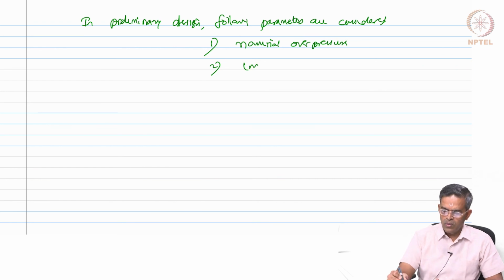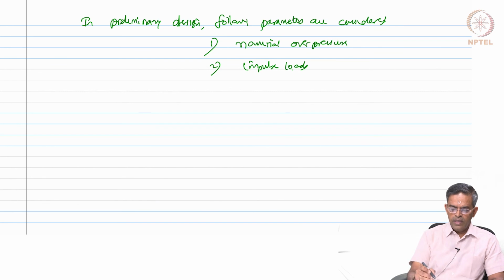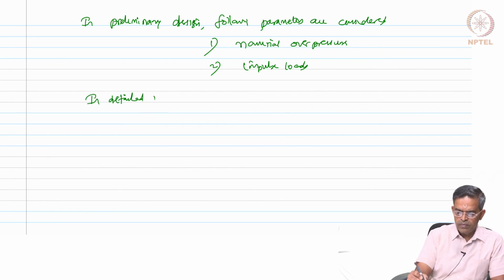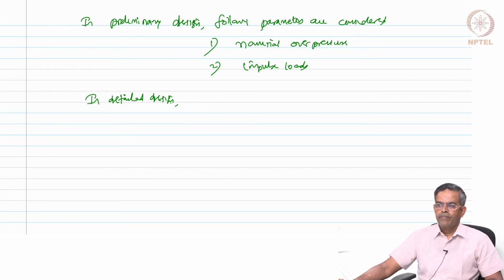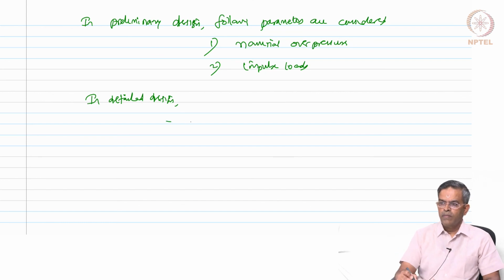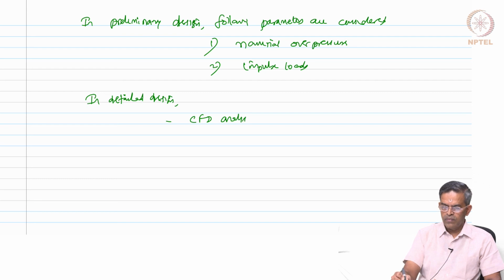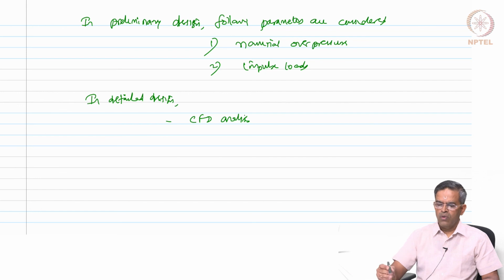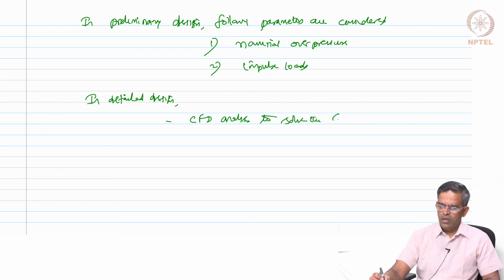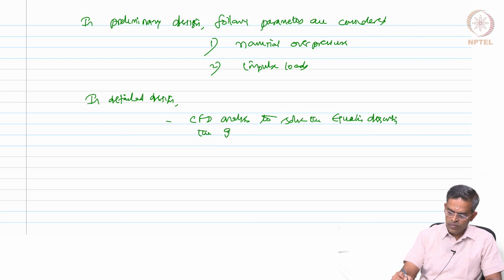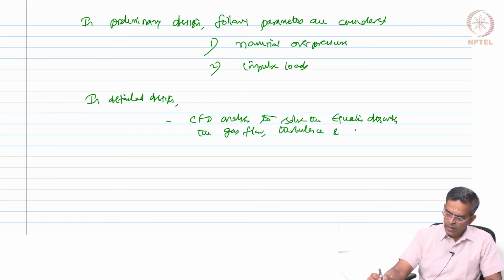Two, impulse loads. In detailed design, one has to do a CFD analysis to solve the equations describing the gas flow, turbulence and the combustion process.